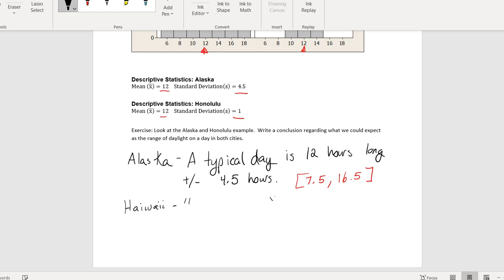A typical day is 12 hours long, but now we only give or take 1 hour. So we would say it's between 11 to 13, typically.